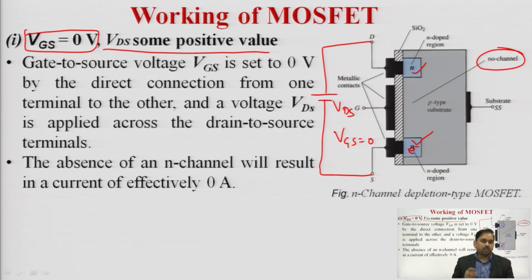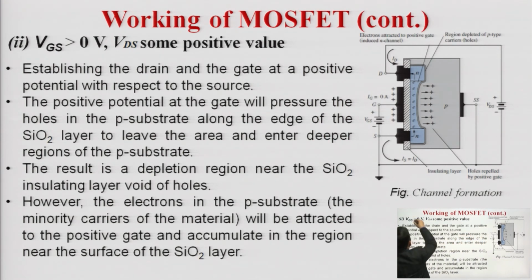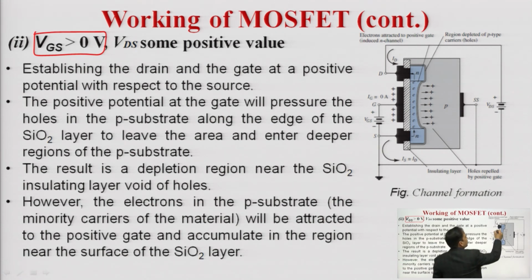So the first and foremost thing is that for the flow of current there must be a channel present in the enhancement type MOSFET. So how will the channel be formed? The channel will be formed when VGS is greater than 0, meaning this is positive.